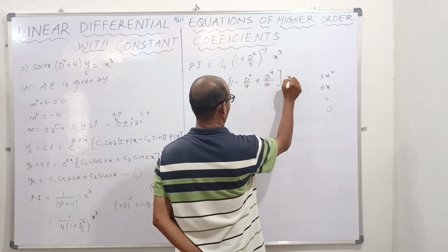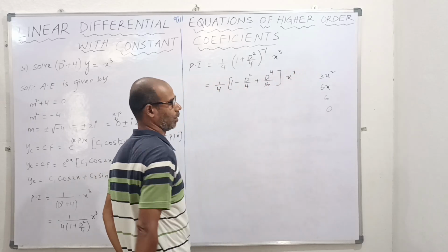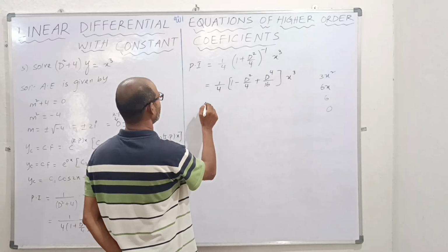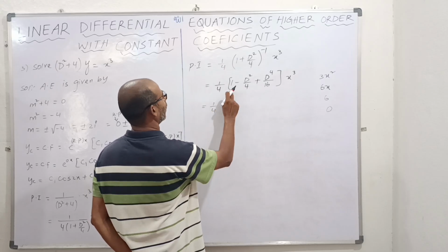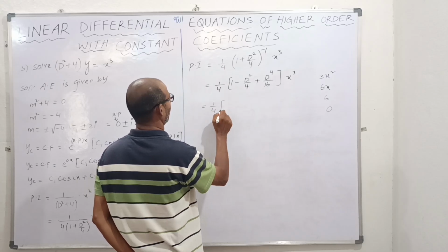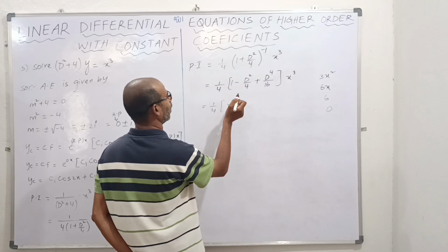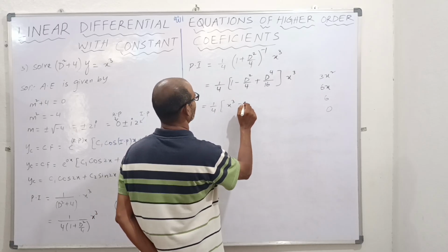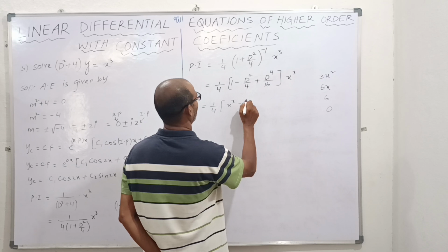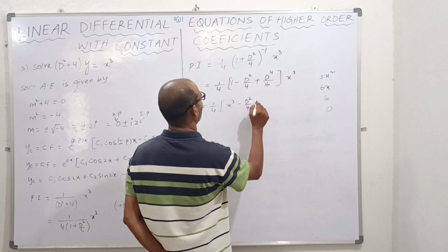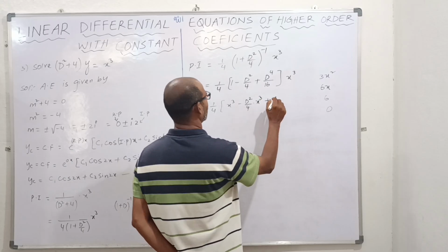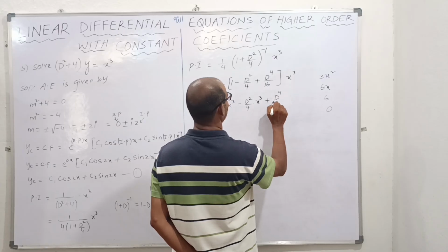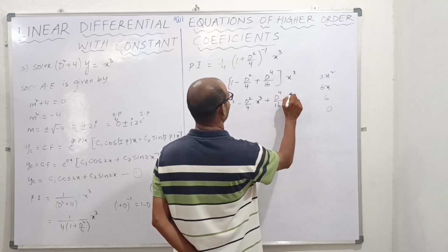Into x cube. Right? So this is equal to 1 upon 4, 1 into x cube, minus d square by 4 into x cube, plus d power 4 by 16 into x cube.